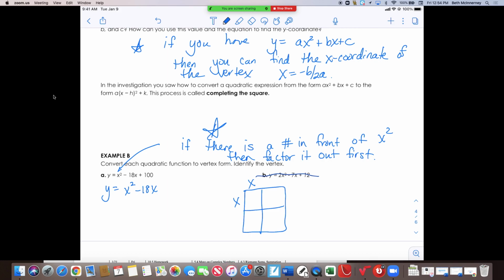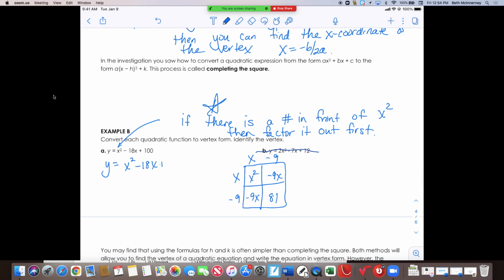Negative 9, so I'm going to put a minus 9 and a minus 9. And then what's the number that goes in the bottom box? Positive 81. Good job. Watch what I'm going to do then. I'm going to add 81, subtract 81, and then I still have this 100 that was hanging out.